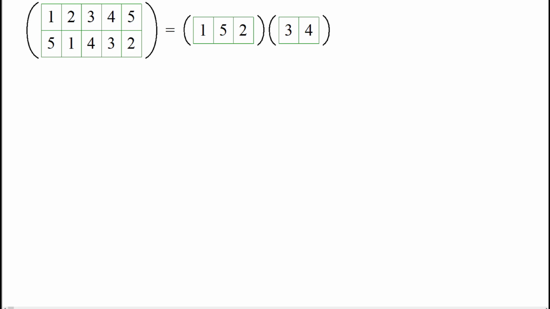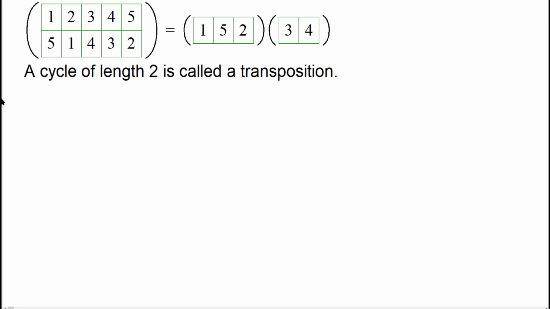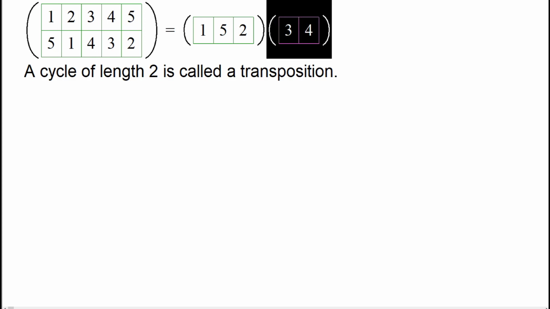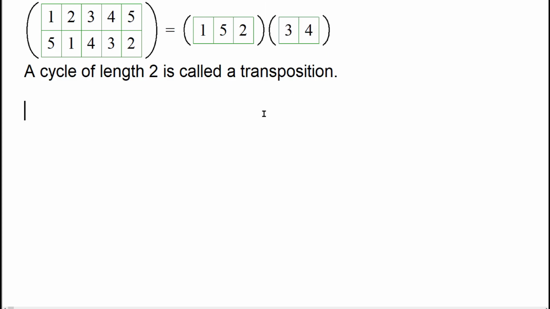When we have a cycle of length 2, we call it a transposition. So for example, this cycle (3, 4) is a transposition.